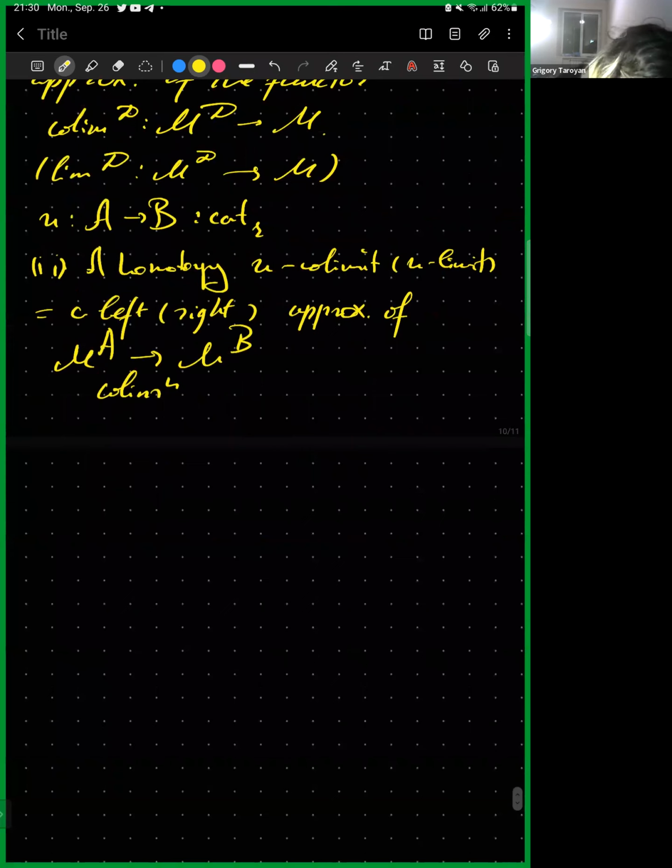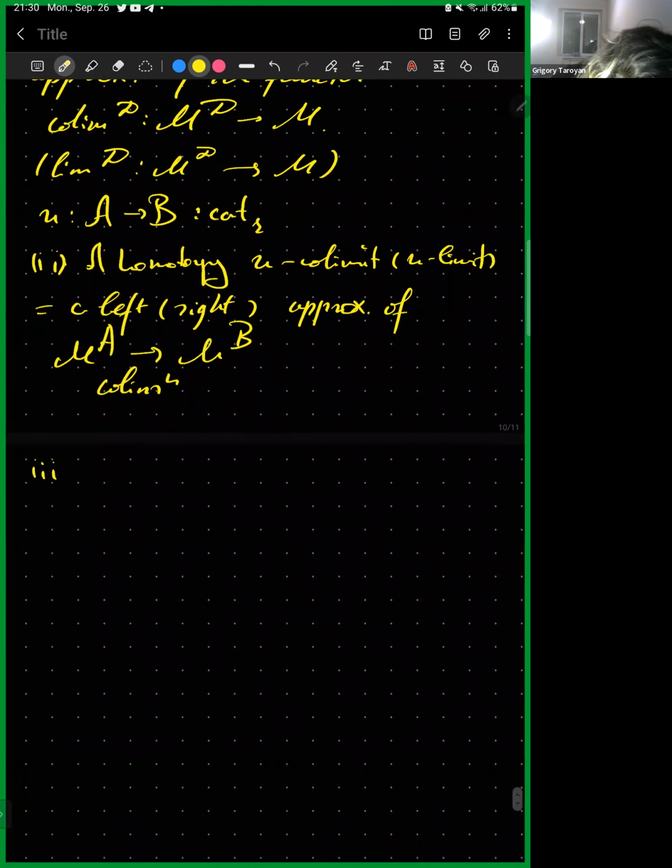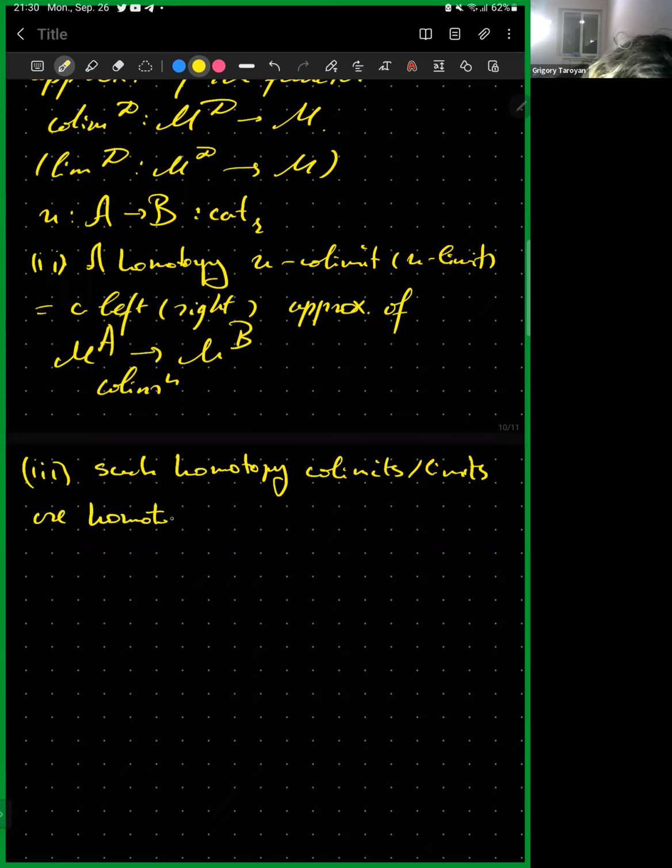And since what we're constructing are left and right approximations, such homotopical limits or colimits are homotopically unique if they exist.